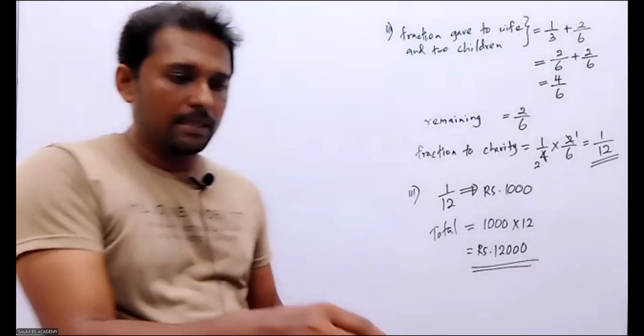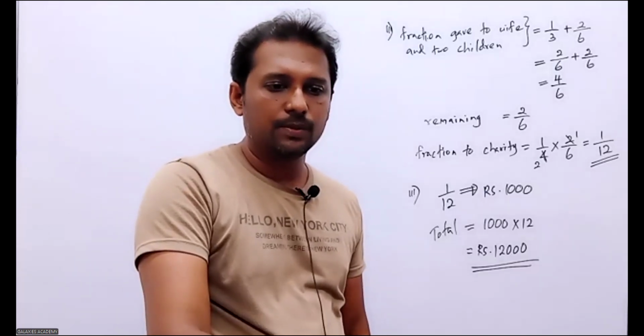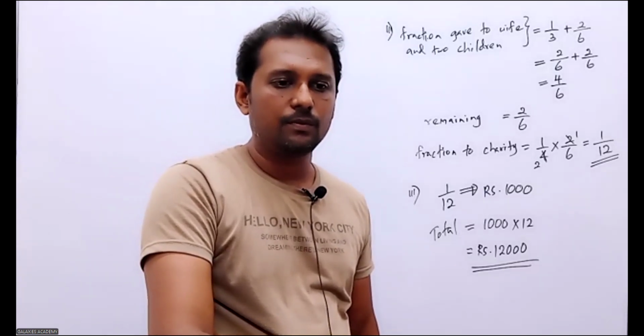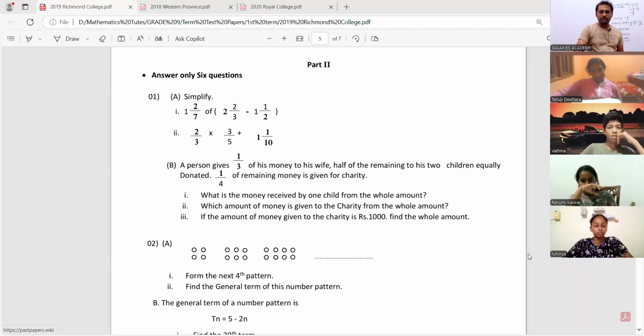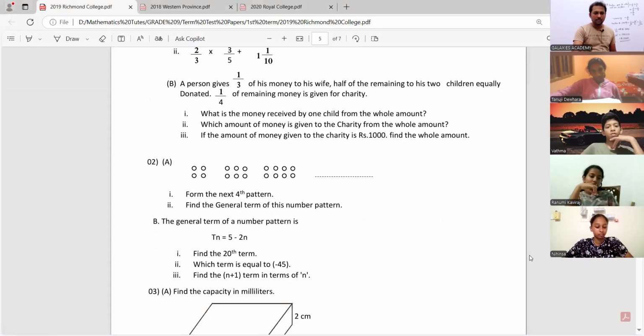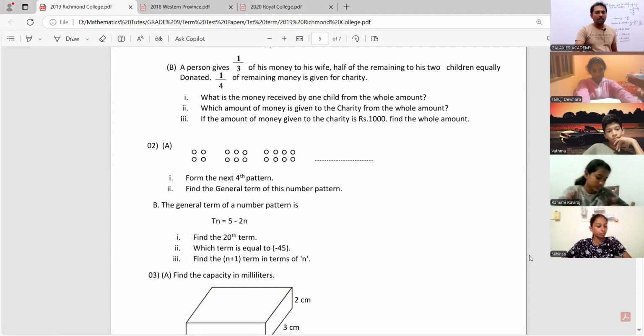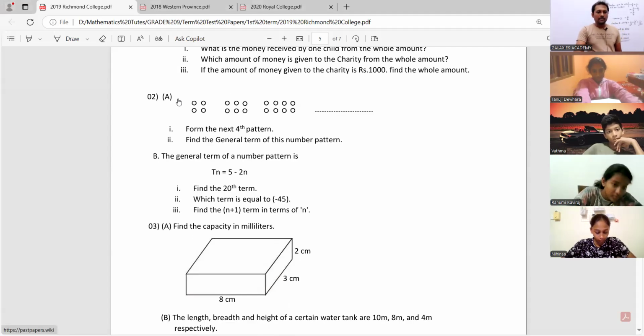Right. Look at the next one. Number 2. The second question is given from number patterns. You can see the number pattern here, no? The first part gives the next fourth pattern.